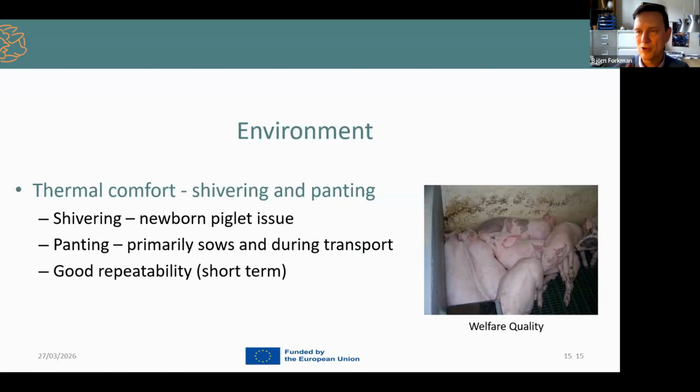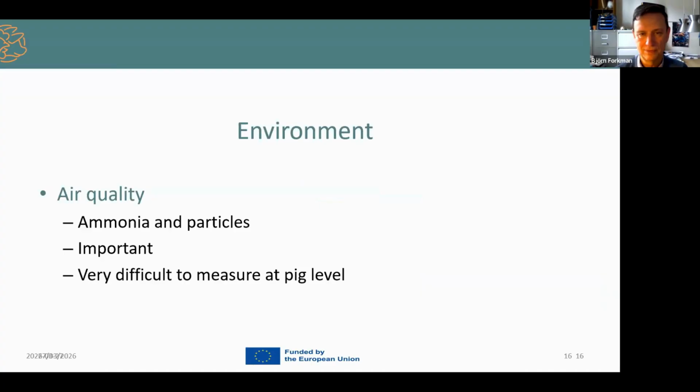So if you and I are watching the pigs, no problem about repeatability. If I look at the pigs and you then come 6 hours later and look at the same pigs, then repeatability is poor.